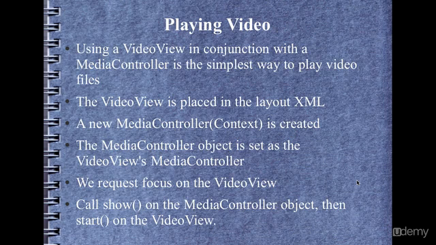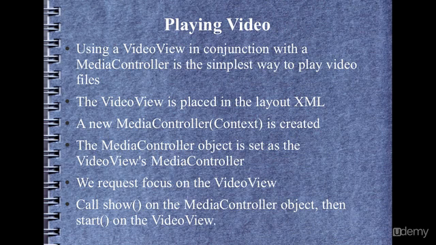Now, playing video in Android is actually quite a bit simpler, because usually we use a control called a video view, and that video view that's in our layout expects to be used in conjunction with something called a media controller object. So now the media controller is something we instantiate, and then once that video view is placed into the layout XML file, we create a new media controller, passing it the context of the activity that we're in.